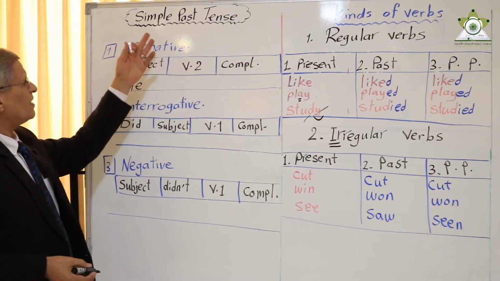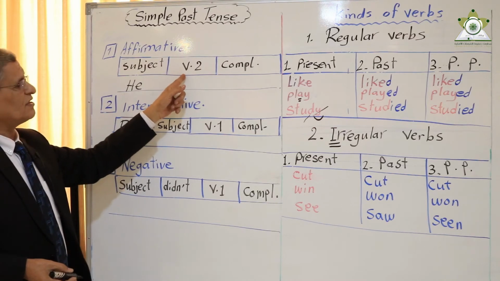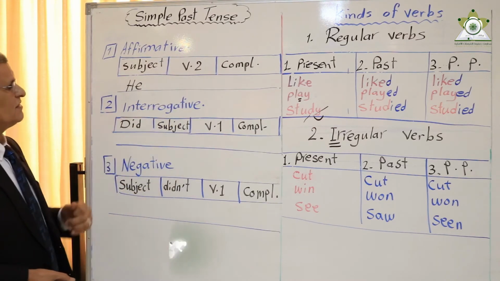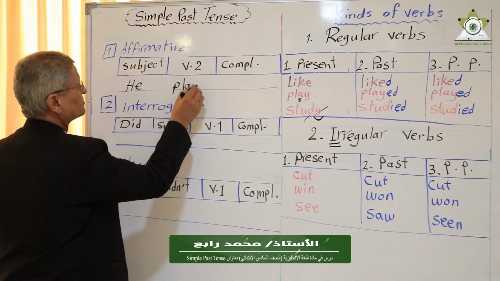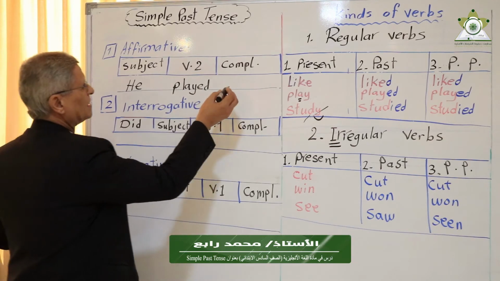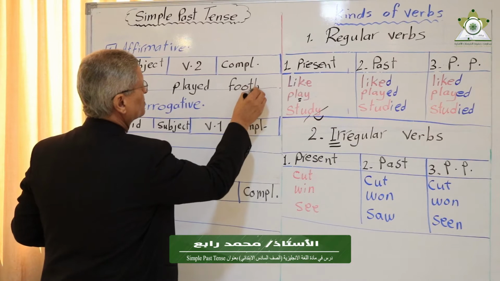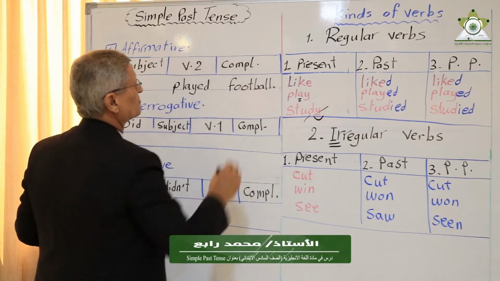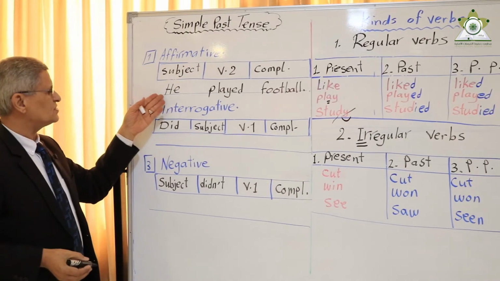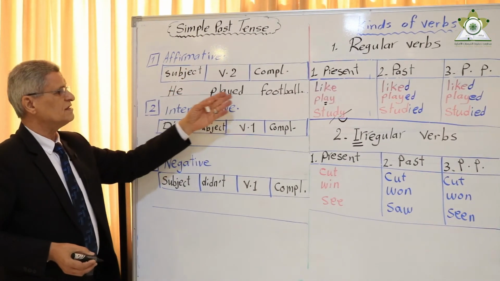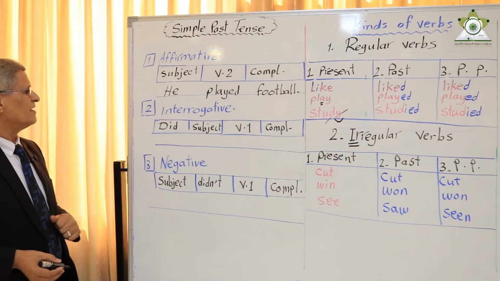The verb in the simple past should be in the past form, as you can see there. He played football, for example. So in the affirmative sentence, we should start with subject he, verb played, football. This we call an object.